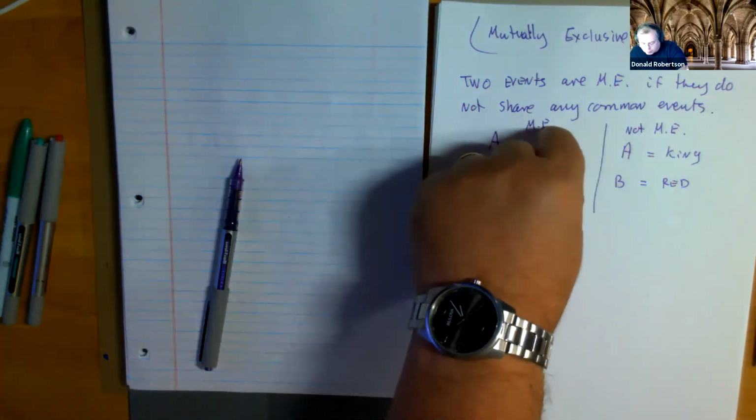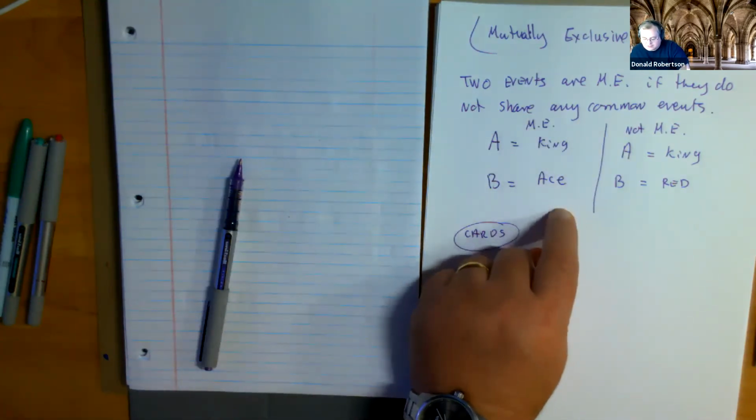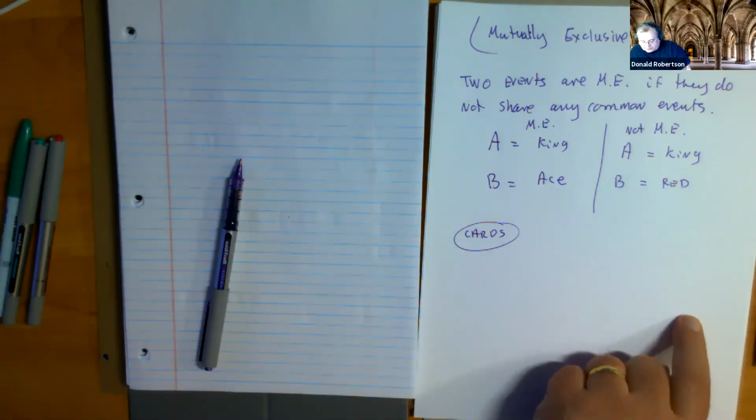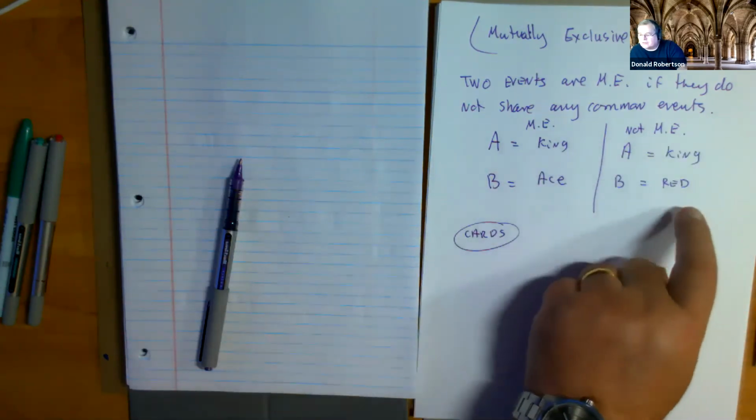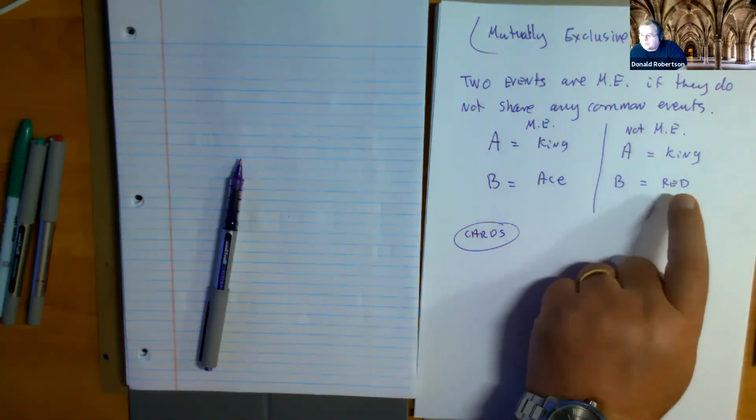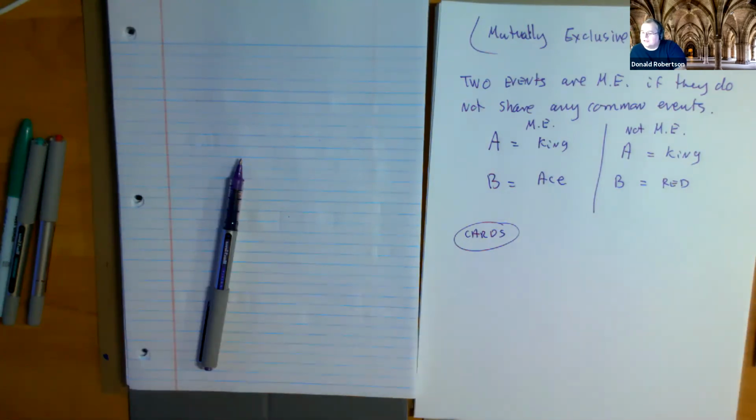Do you see that these two share some events? So mutually exclusive means if you're one thing, you cannot be the other. Not mutually exclusive says you could be one and at the same time maybe part of the other. There's an overlap.